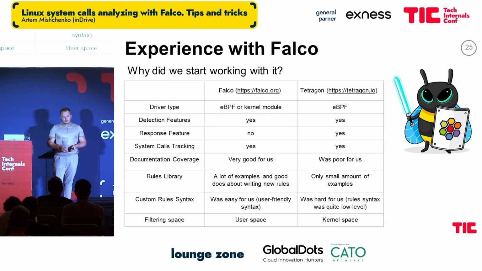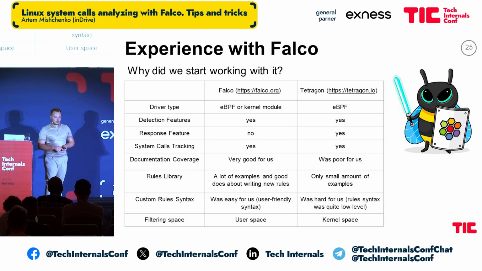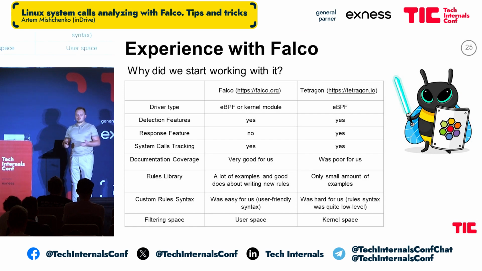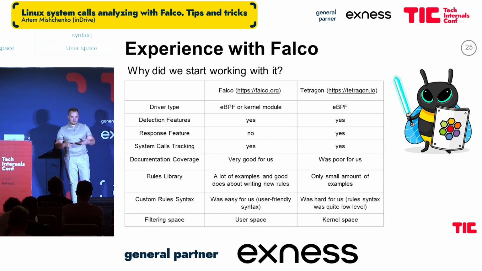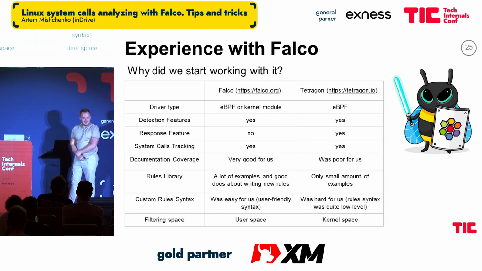So when we started this project, we tried to have a deep dive into these tools. And at that time, the documentation of Tetragon and examples we had were quite poor. We tried to contact the developers in Slack. They recommended us to buy the paid version. So it was quite difficult for us at that time.